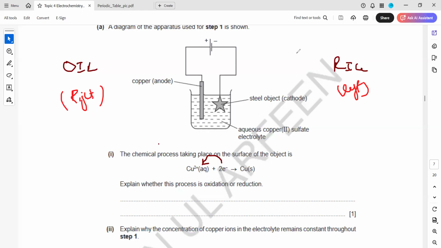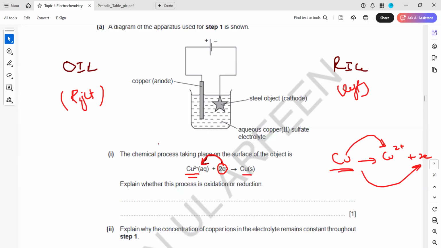So what actually happened? The copper ion takes 2 electrons and turns into a copper atom. It is not a loss. If it was a loss, how would it be written? It would be written like this: the copper atom turns into a copper ion and gives out 2 electrons. That would be oxidation. This is reduction. So how to identify a reduction?